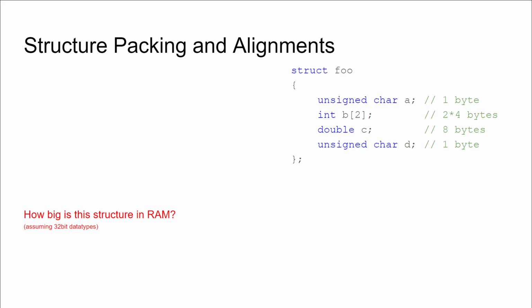In this world, you'd be tempted to think that you can take 1 byte plus 2 times 4 bytes plus 8 bytes plus 1 byte and add them up to 18 bytes, and that's the size of the data structure. And this is how it would indeed work in a sane world, but it's not how it works on your computer.